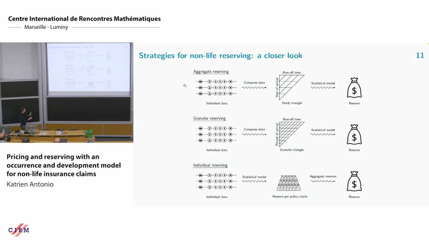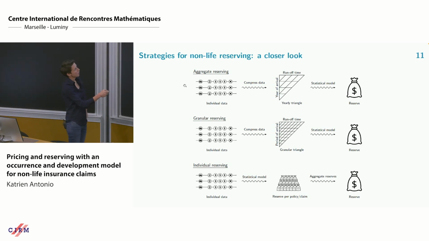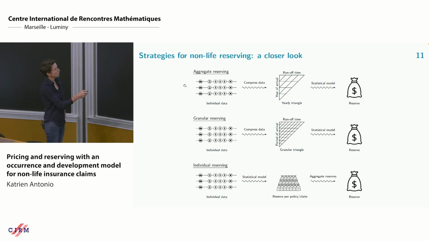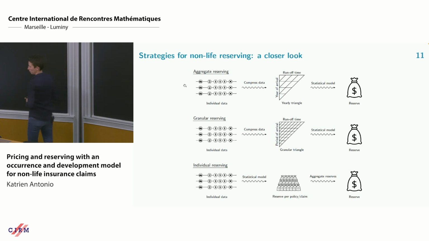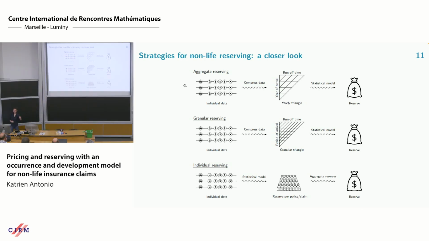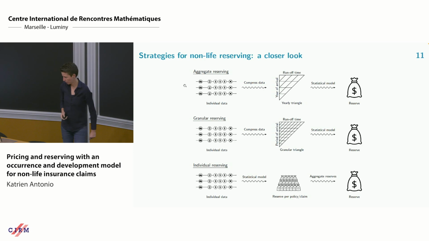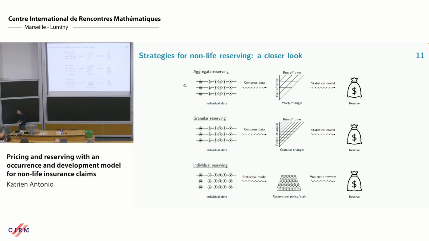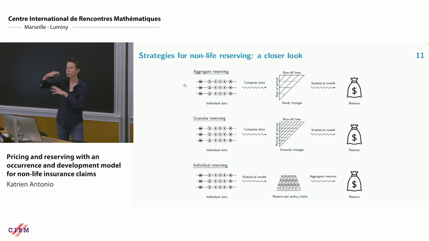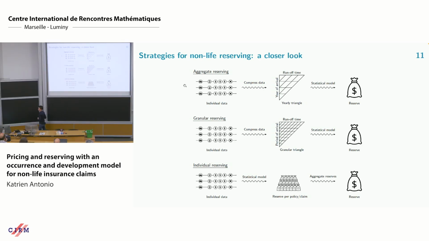And then you still use your ideas about calibrating models on this fine-grained data set and use it to forecast or to predict what's going to happen in the future. And next to that, you also have the idea of individual, or case-by-case, claims reserving. So what is the distinction between the two representations that we had higher up on the slide? Here I really mean we follow the development of an individual claim, from reporting on, and we try to work with the events that matter throughout the development of an individual claim over time.